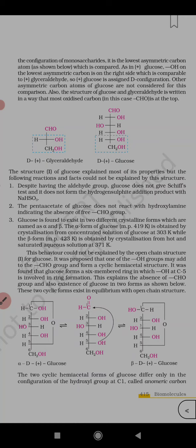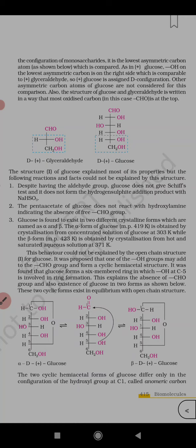It was found that glucose forms a 6-membered ring in which the OH group at C5 carbon is involved in ring formation.